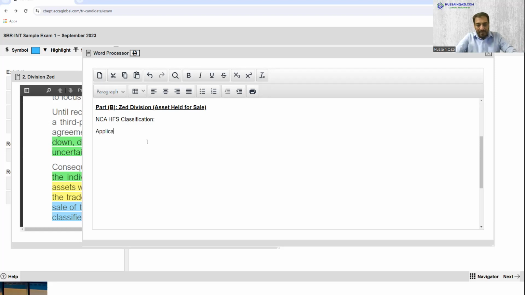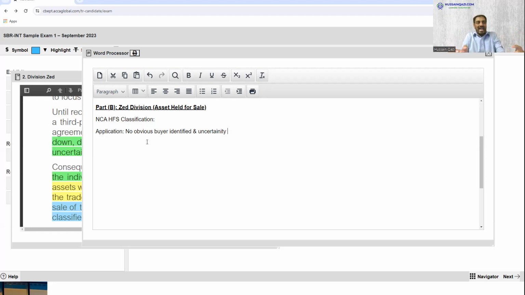Now start with the application. You will mention that no obvious buyer is identified till the reporting date, and there is still uncertainty.